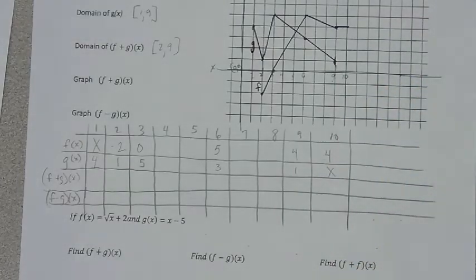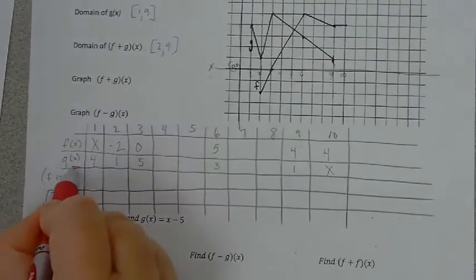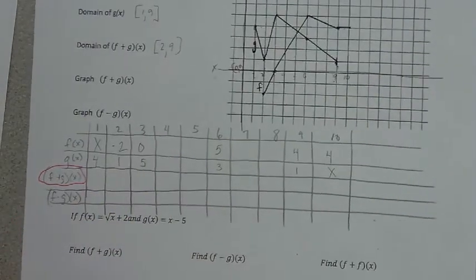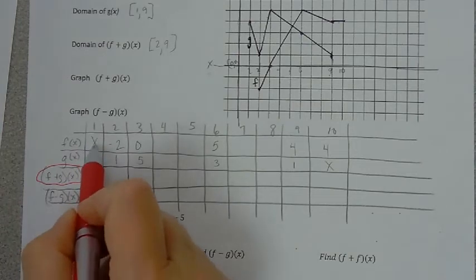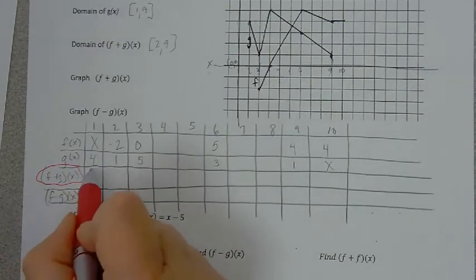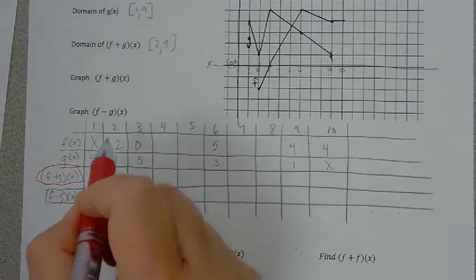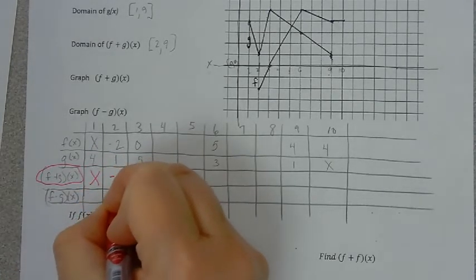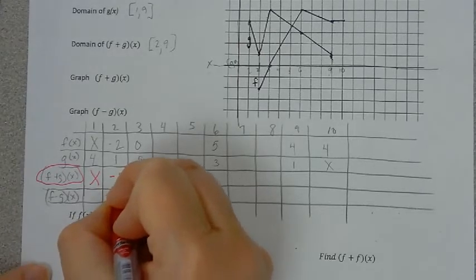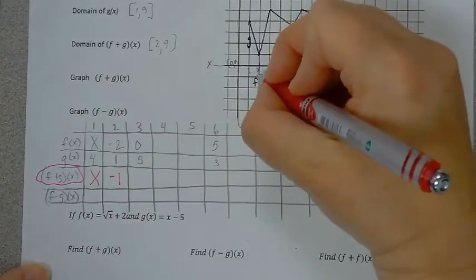So let's add these points together. I'm going to do f plus g in the pink pen. I'm going to start by adding. Notice I cannot add nothing and 4, so there's nothing here. I can add -2 and 1 and get -1. So this new function, f plus g, at 2 is right here at -1.